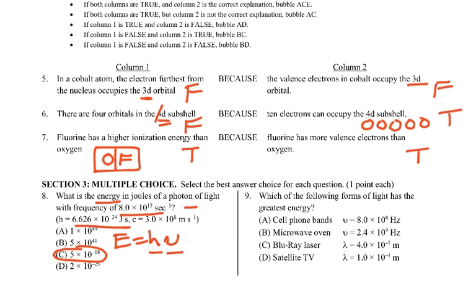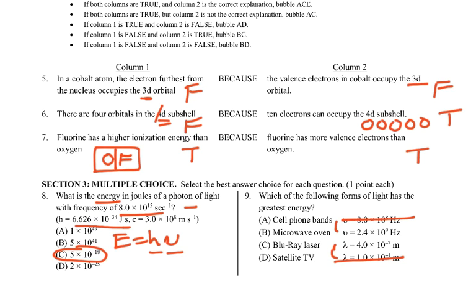For number 9, which of the following forms of light has the greatest energy? Well, this is a couple of parts. So here are some frequencies. We know the higher the frequency, the greater the energy. So 10 to the 9th is going to be greater than 10 to the 8th, so we can eliminate cell phone bands. Of these two wavelengths, we know the smaller wavelength is the higher energy. So this is a very large wavelength, 10 to the minus 1. So it's going to be one of the two next ones.